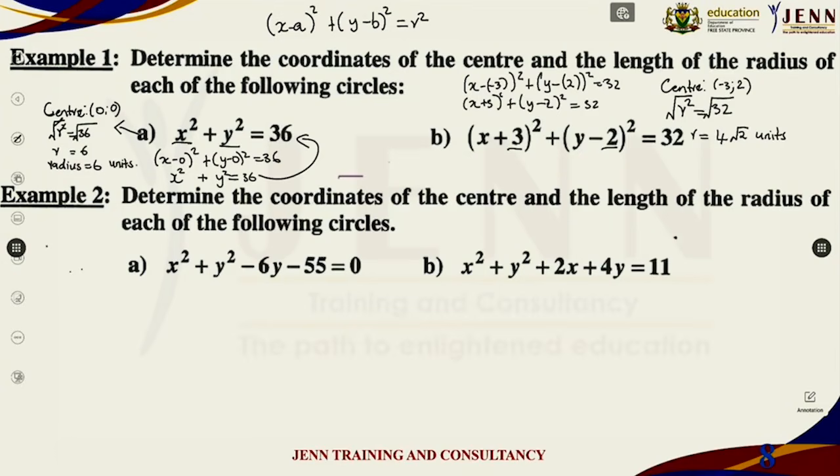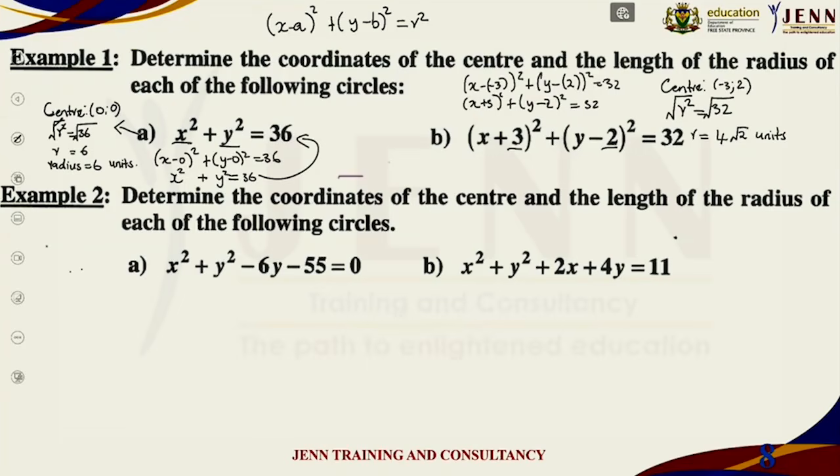Okay, then let us look at example 2. Determine the coordinates of the center and the length of the radius of each of the following. What is the difference between example 1 and example 2?